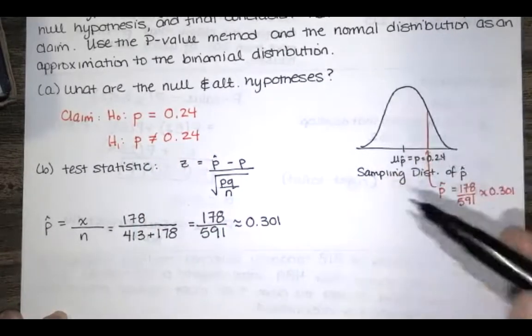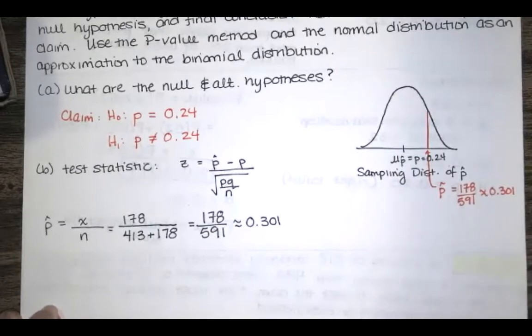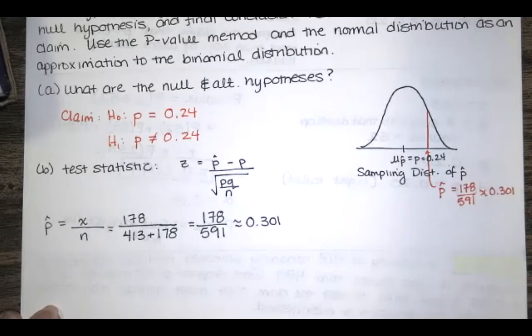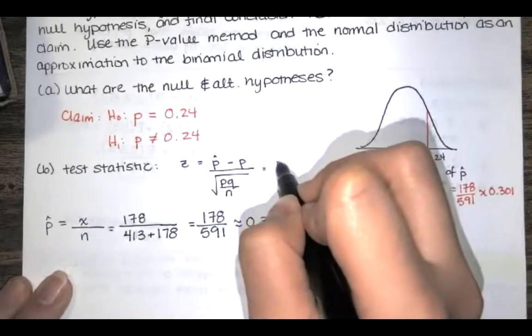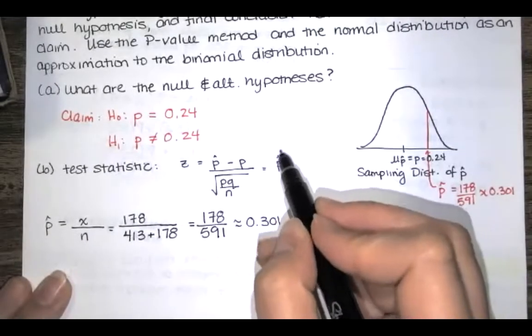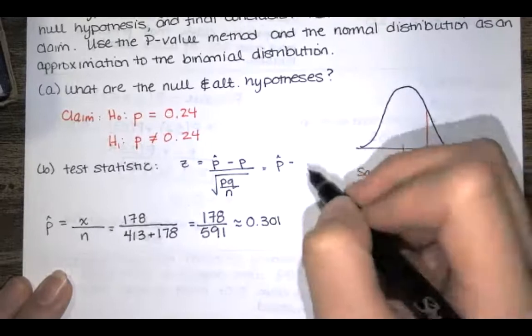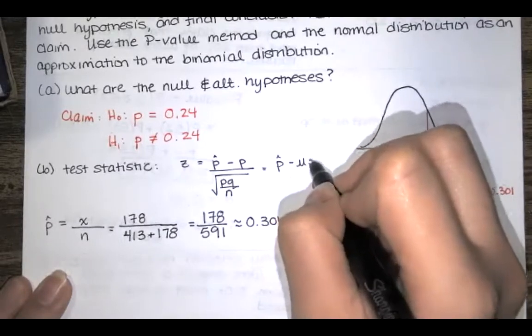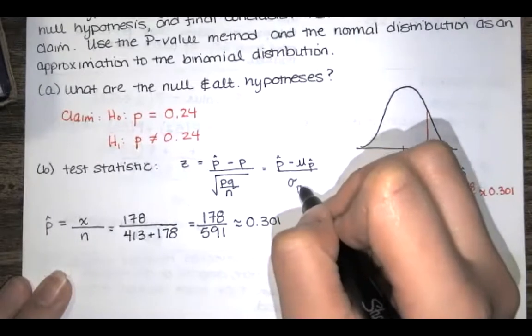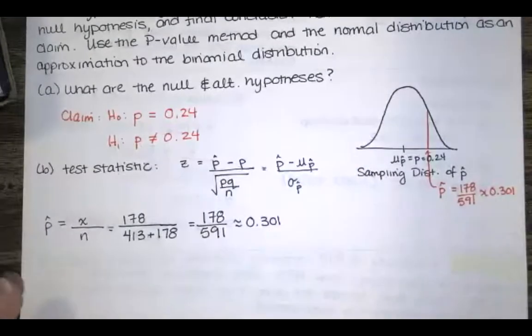We're thinking of this as approximately equal to a non-standard normal distribution with a mean given by 0.24. So if I want the corresponding z-score, I take my continuous random variable p hat, I subtract the mean of the distribution of the p hats, and I divide by the standard deviation of the distribution of the p hats.